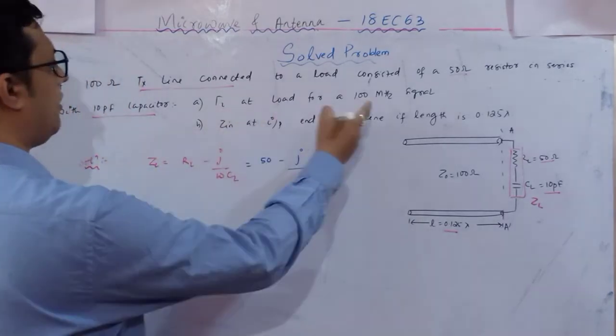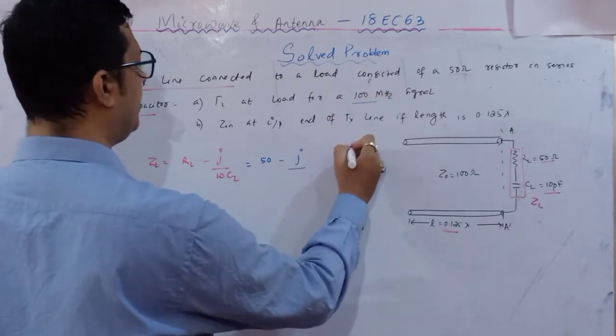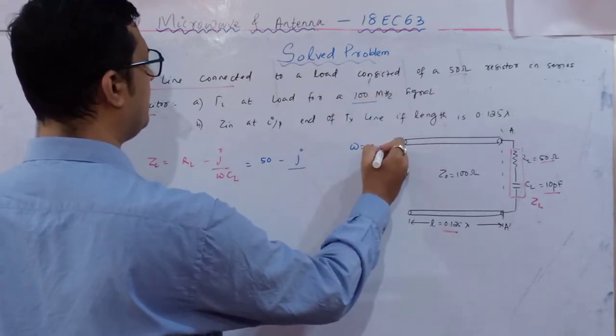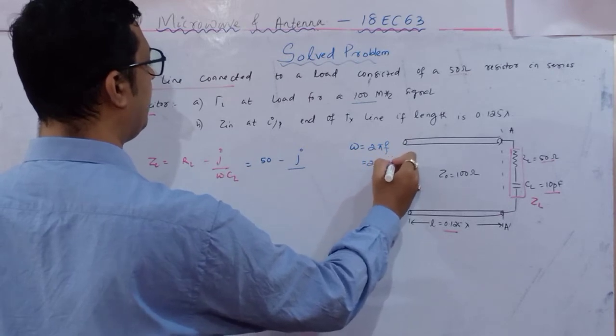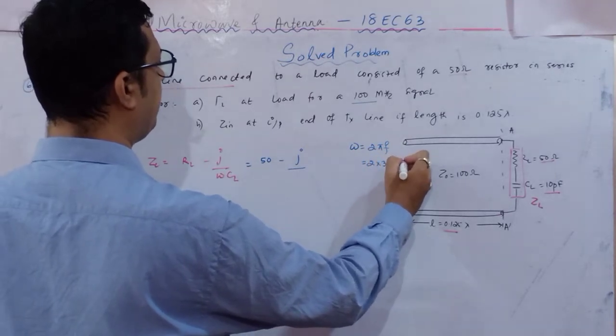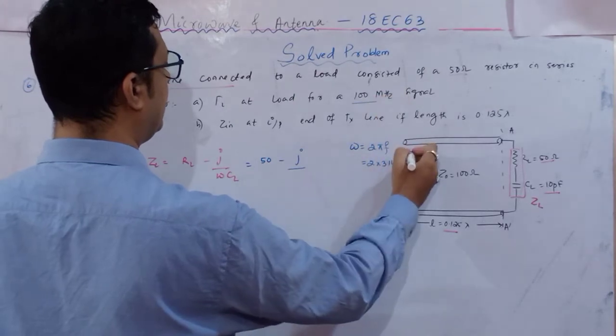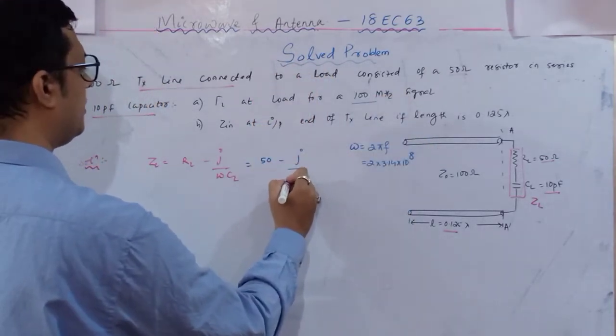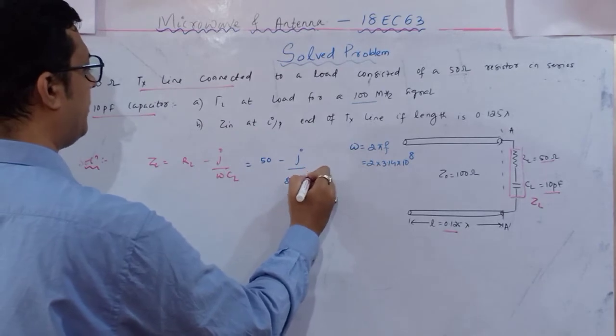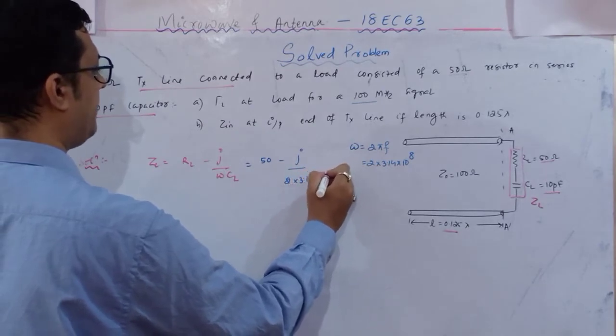Omega means it is operating at 100 megahertz, so omega is equal to 2 pi f, 2 into 3.14 into 10 to the power 8.